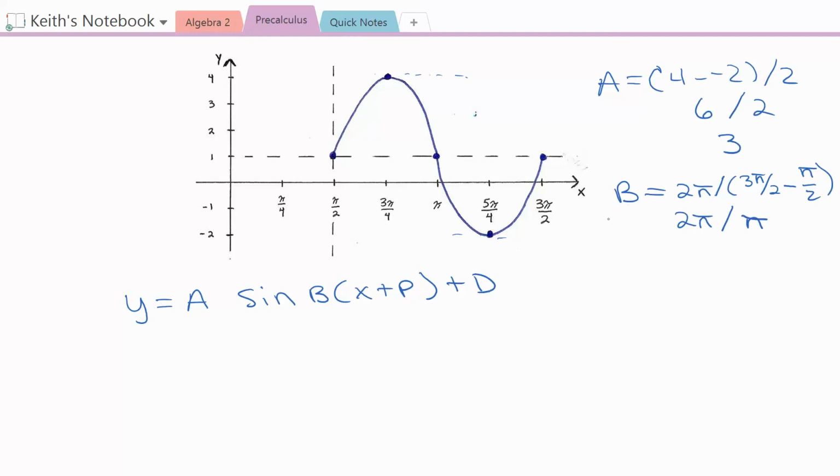What number does b have to be in order for the period to be pi? It has to be 2. Then you're going to find out what the phase shift is. The phase shift here, if you notice, is the opposite of the x minimum. In this case, the phase shift would be negative pi over 2.